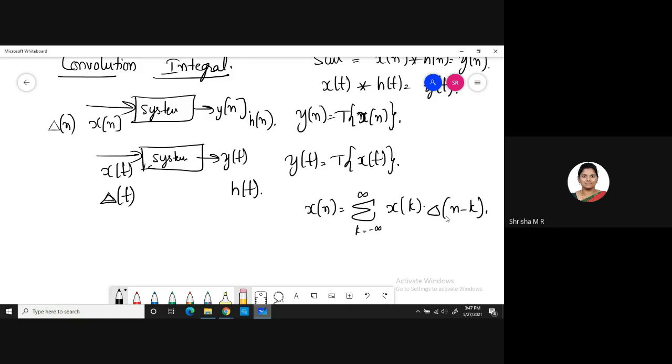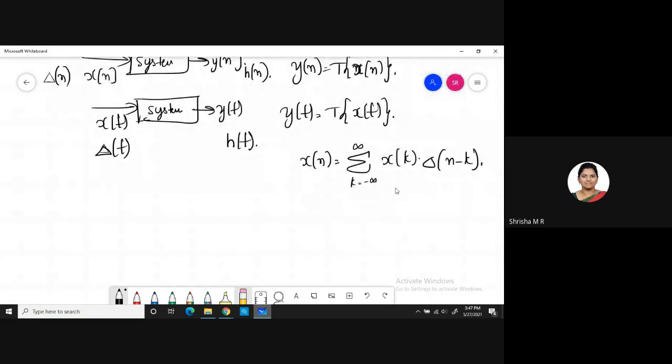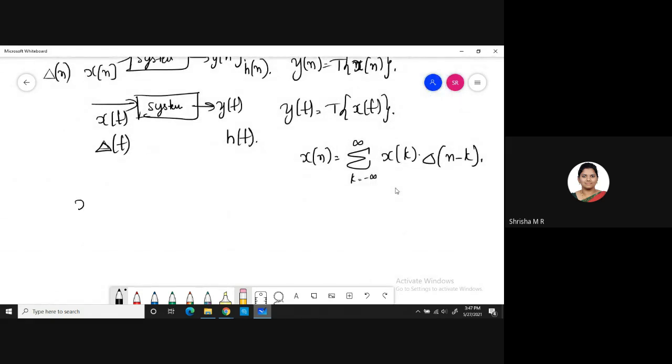The sum of samples is multiplied with the shifted version of impulses. Your x of t is also similar to that. x of t is equal to integral minus infinity to infinity x of tau into delta of t minus tau into d tau. So we are replacing n with t here. That's the difference, that's all.